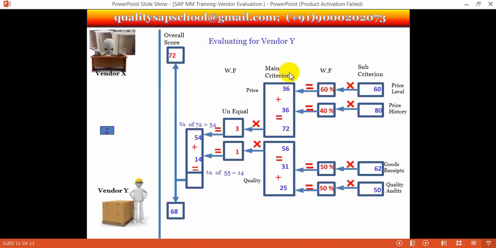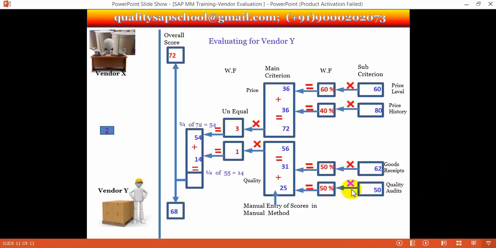Now you see here in this diagram, if we are entering the data at the main criteria level, if we are entering this 31, 25 on the basis of considering all the sub criteria, like a blanket scoring, suppose we are giving 56 or 70 or 80, assuming goods receipt, quality audits and whatever sub criteria are under this, equivalent to all of them we are giving a single number at this place.